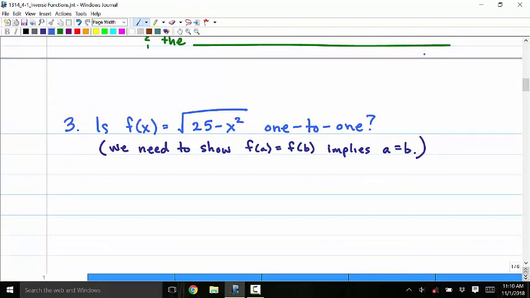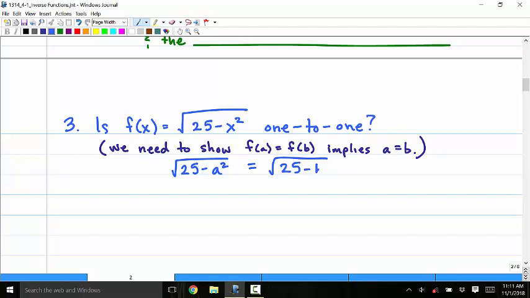Is y equals square root of 25 minus x squared 1 to 1? So again, let's start out with f of a equal to f of b. What is f of a? Root 25 minus a squared. And we want that equal to f of b, which is root 25 minus b squared.